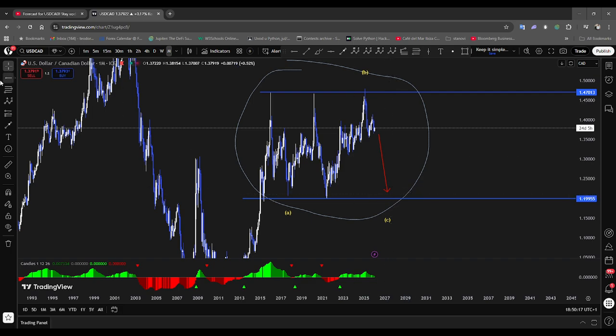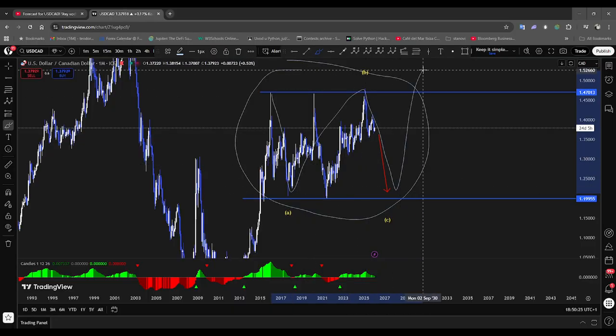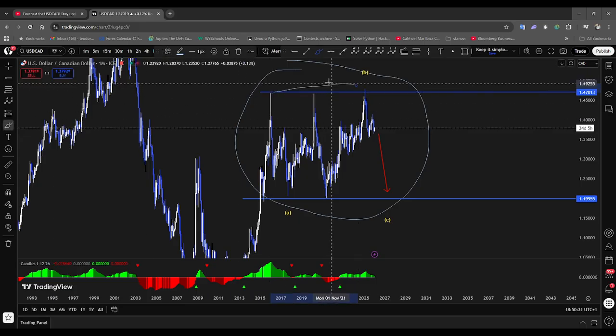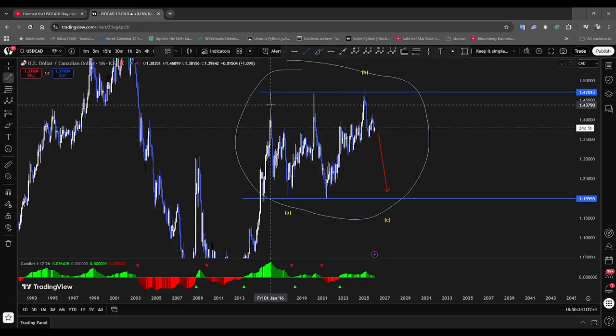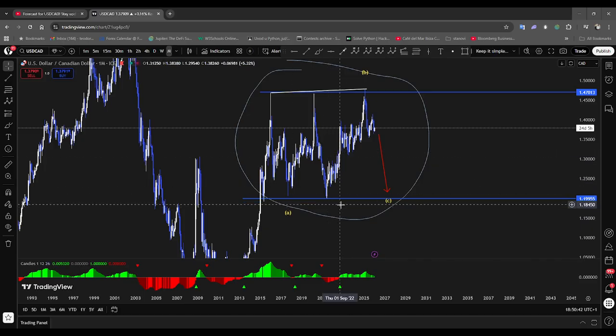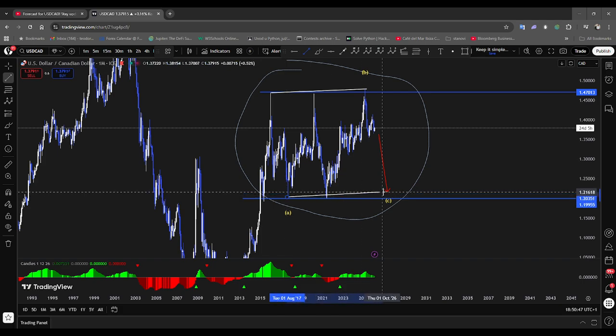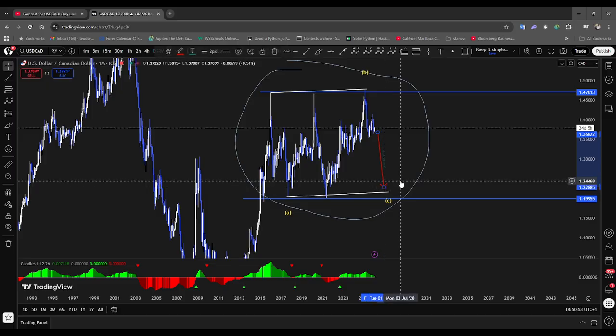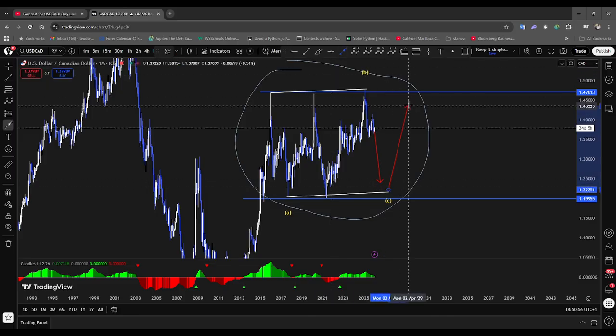If we just stop here and do something like this, then this would give us a running flat correction, because the B wave has broken the beginning of the A wave, and the C wave doesn't go below the end of the B wave. This would give us a running flat corrective pattern, which then would go like this.